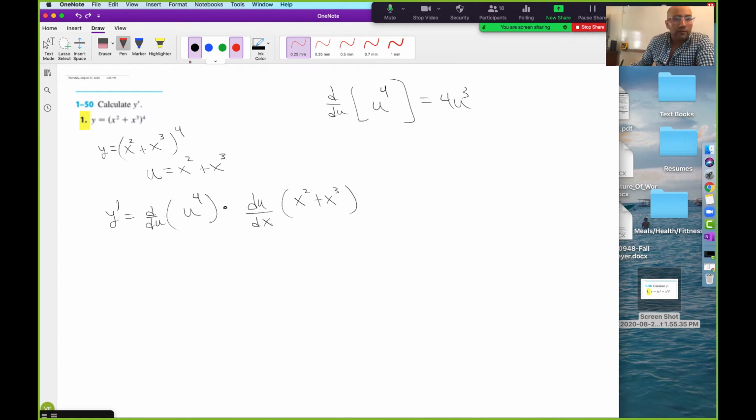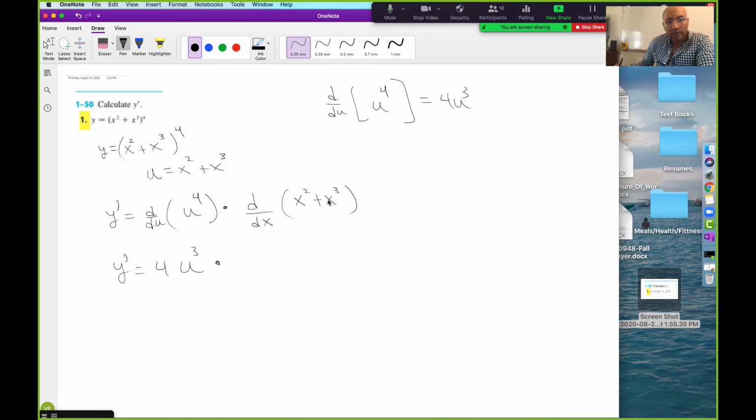So moving on here. This means that y prime is going to be equal to 4u to the third power times the derivative of u with respect to x.